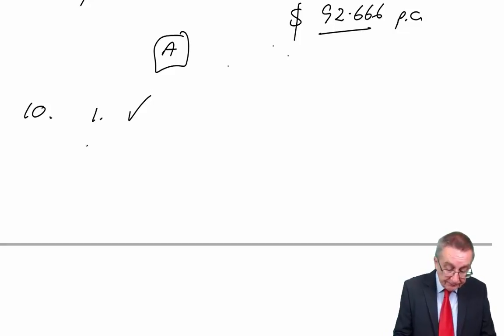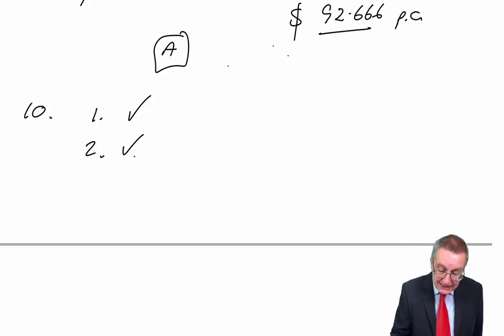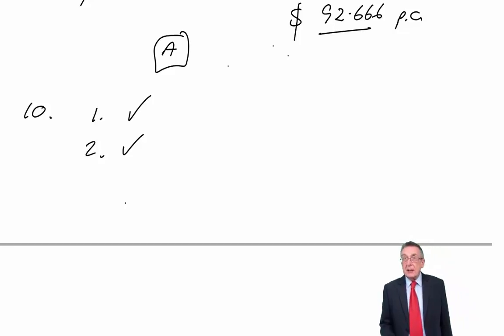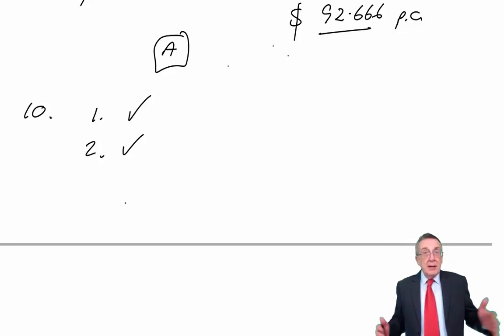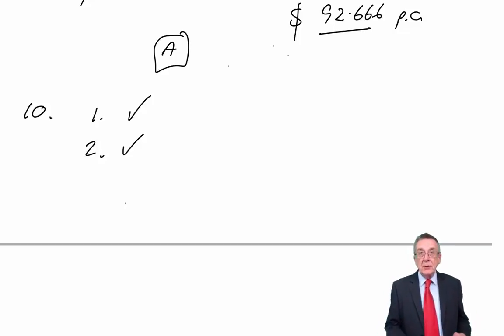Number 2, an increase in the operating cycle will decrease profitability. Yes. But the operating cycle, remember, is the number of days that cash is tied up in inventories and receivables.